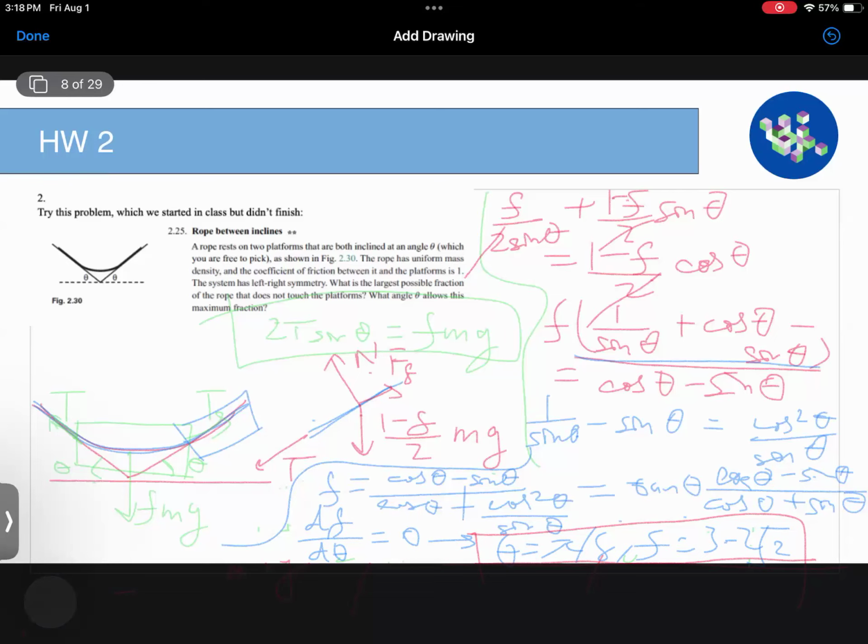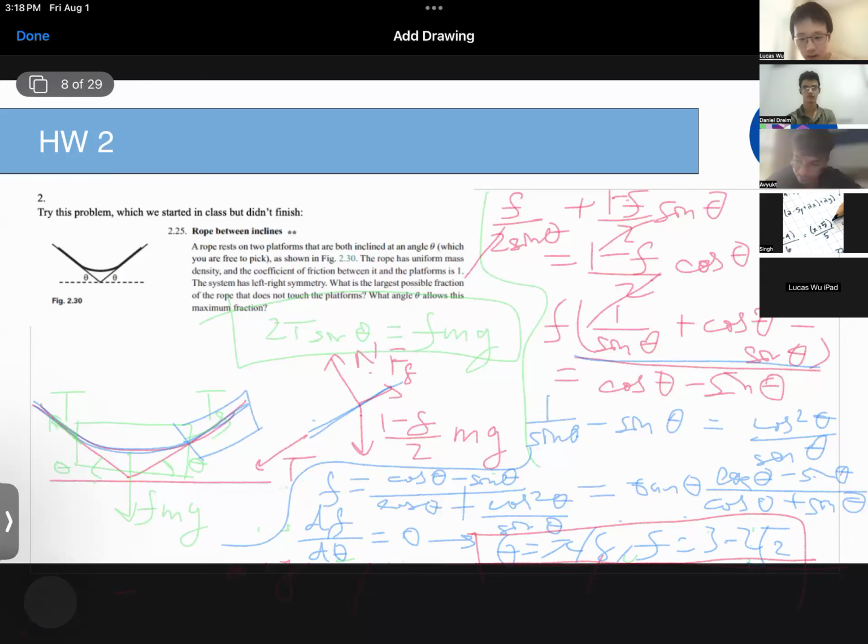M is the mass of what? Sorry, N? What is M? Oh, yeah, N is the normal force from the platform on the section of the rope on the platform. You're talking about M? M is the mass of the entire rope.